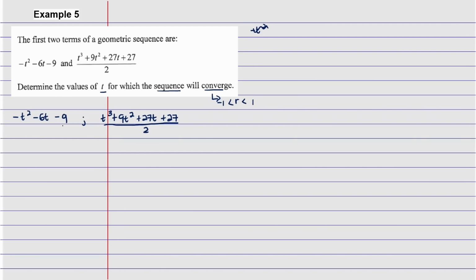So now let's factorize this. I'm going to start simplifying it before we do the division, like finding r. This is the same as taking the negative outside, and you're going to have t squared plus 6t plus 9.